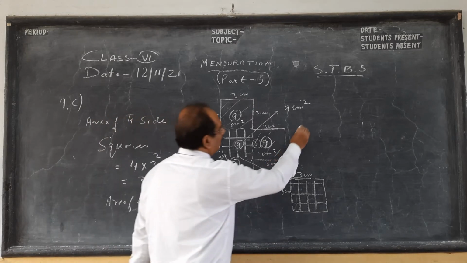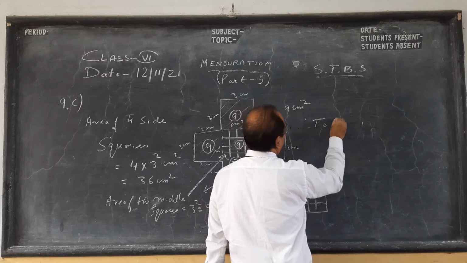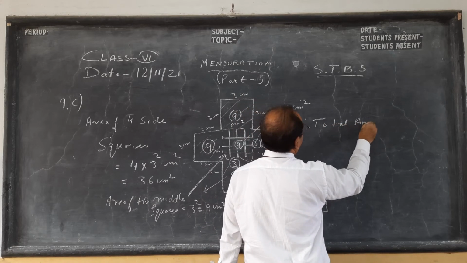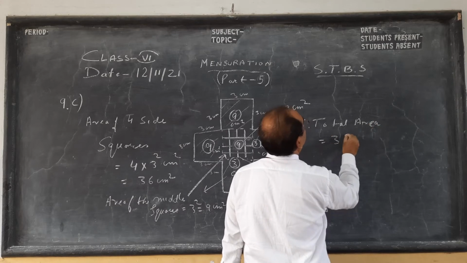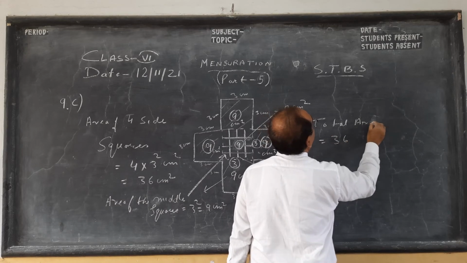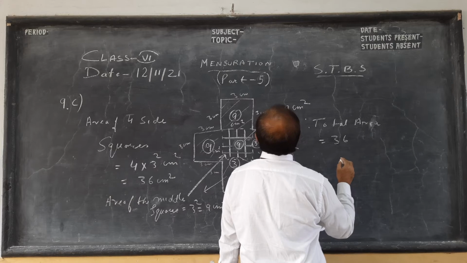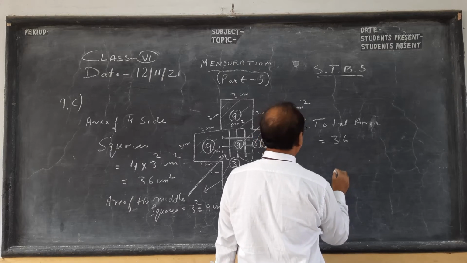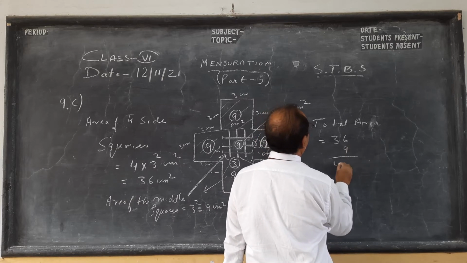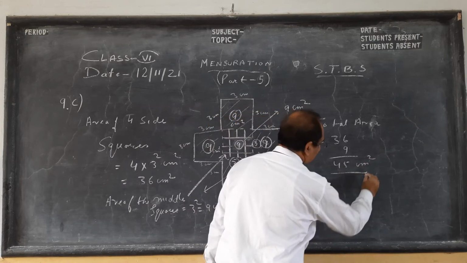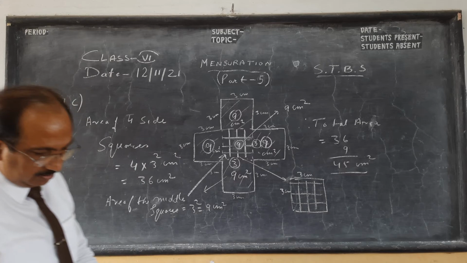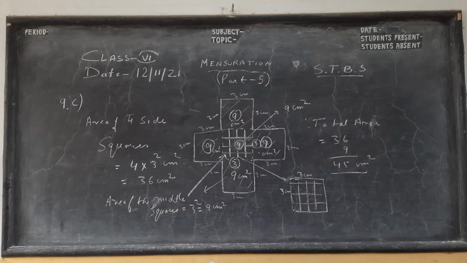So therefore total area is 36 plus 9, 45 centimeters square. So kindly pause the video and copy. Then we move on to another question.